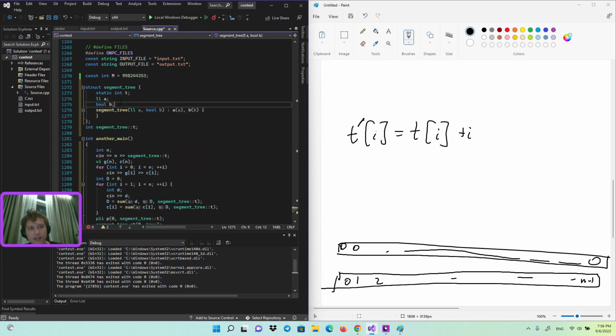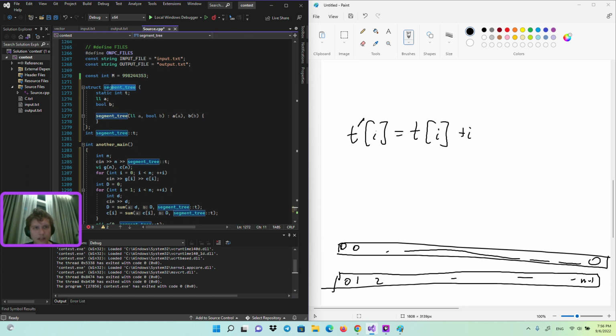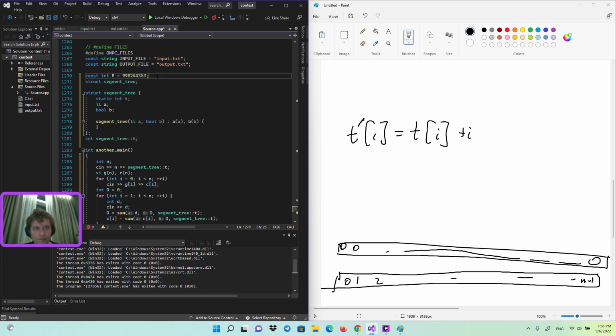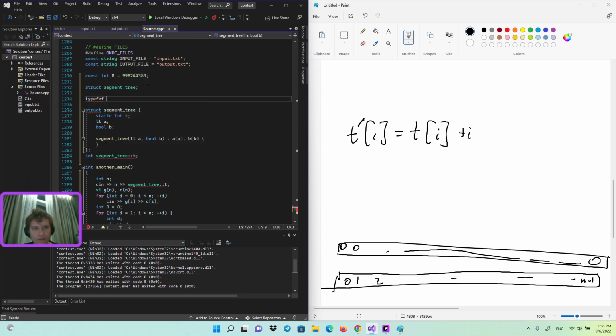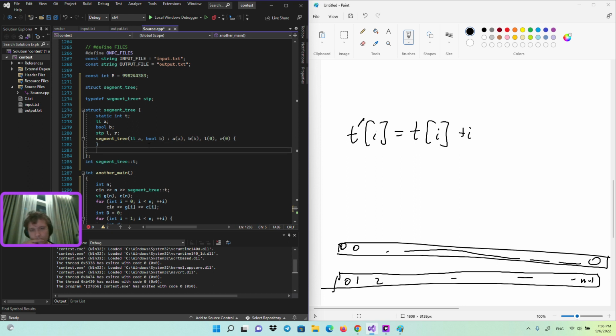Also, sometimes we store. Okay, let's make it shorter. Okay, we made it.